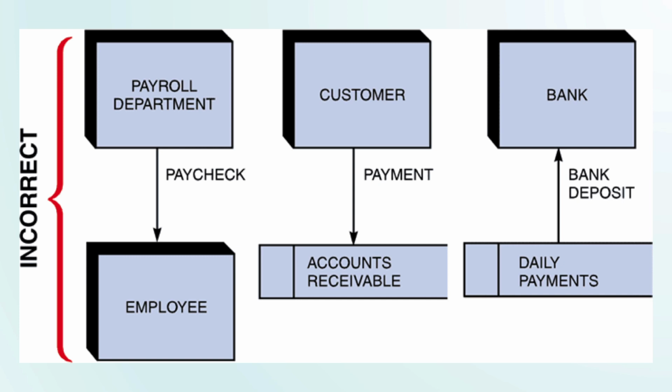As in the first example, the right way is that the customer and also the bank must be connected to at least one process, then it can be connected to the data store.